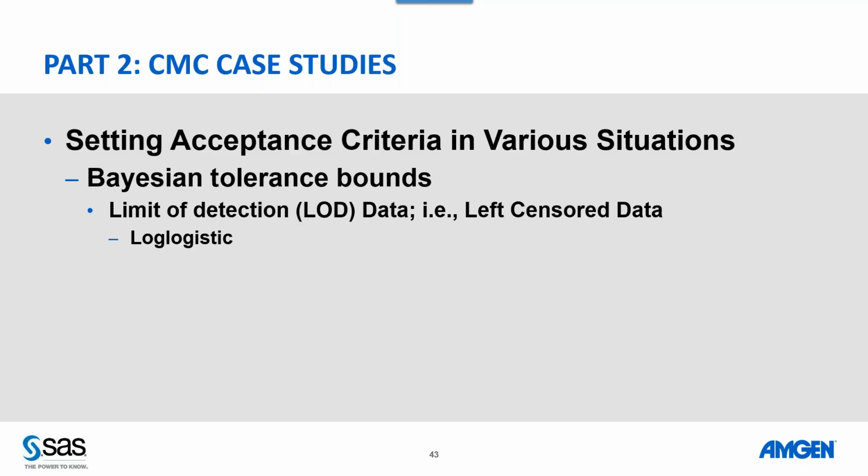Or you can use PROC KDE after the fact, because you're dealing with distributions and densities. You can use PROC KDE to estimate some of those densities after your PROC MCMC runs. And you'll see some other SAS output.